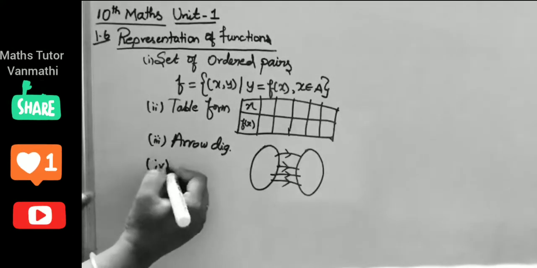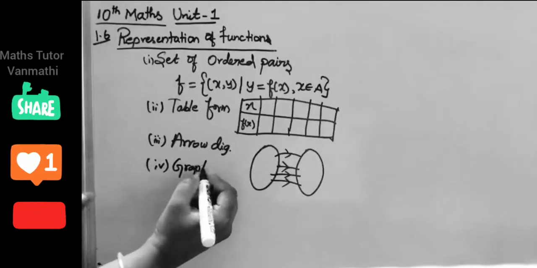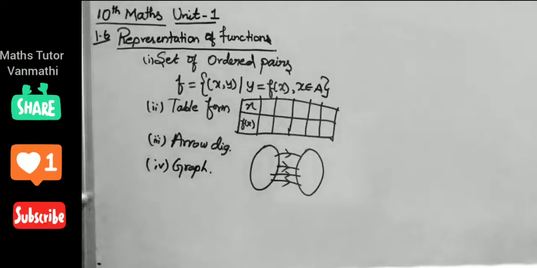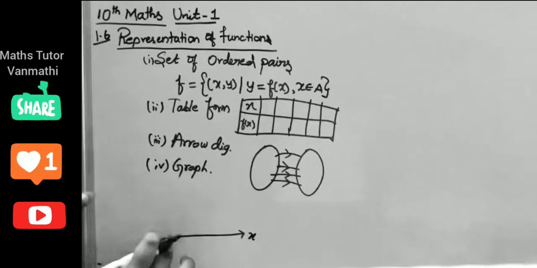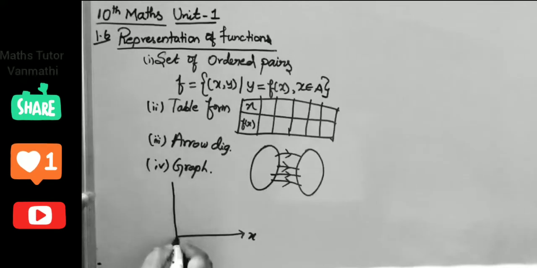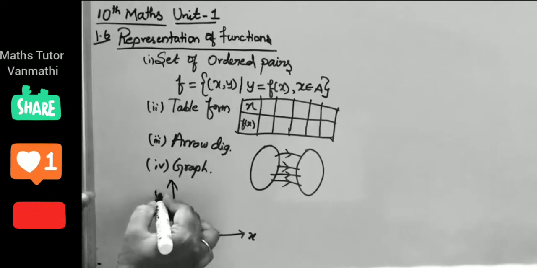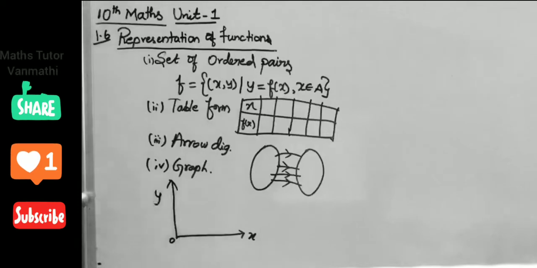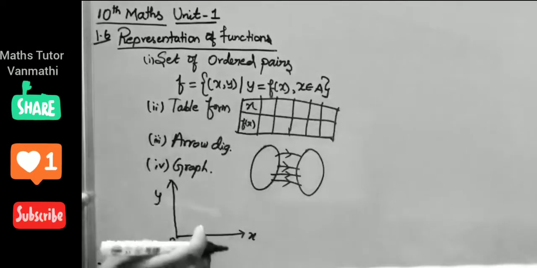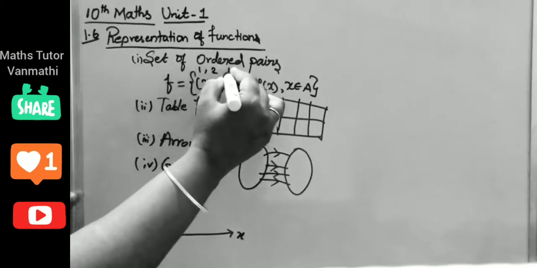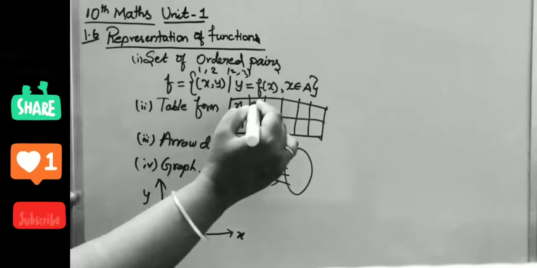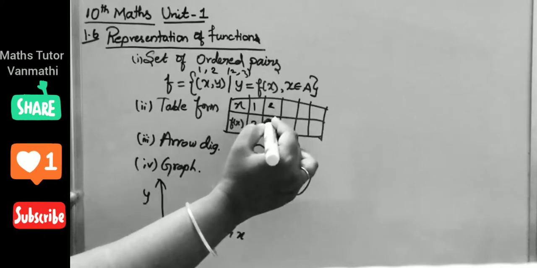Next is the graph. In a graph sheet we draw the x-axis and y-axis, and this is the origin 0. We represent the points in the graph. For example, if you take (1, 2) and (2, 3), this is your 1 and this is your 2, this is your 2 and this is your 3.